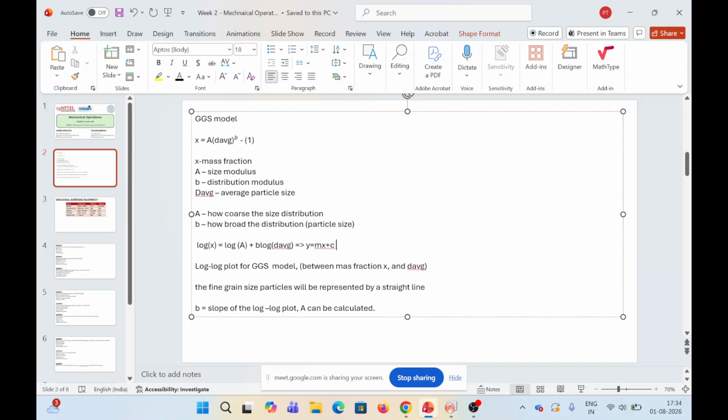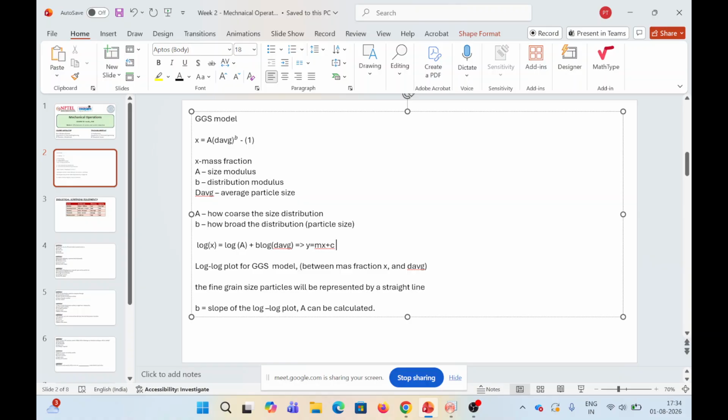If you compare, y is your log x, x is going to be log D average, m is going to be the slope, which is B, and c is going to be log A. So once you know the value of B, you can calculate the value of log A.